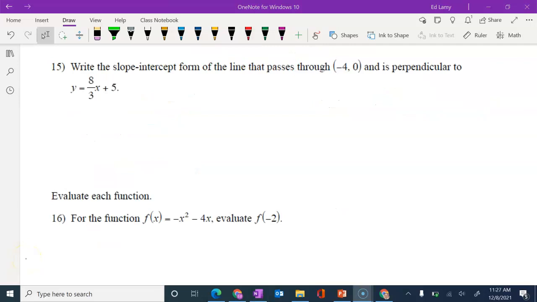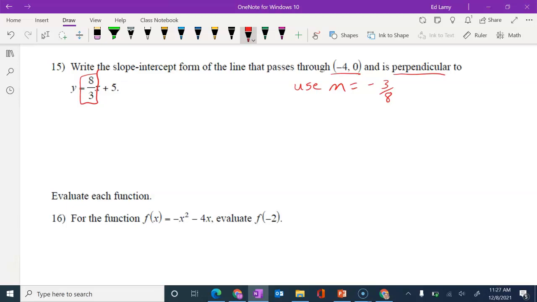15, we have a point, and the line we're given has a slope of 8/3. If it's perpendicular to this line, we'll use a slope of -3/8, the opposite reciprocal. If the lines are perpendicular, they have opposite reciprocal slopes.